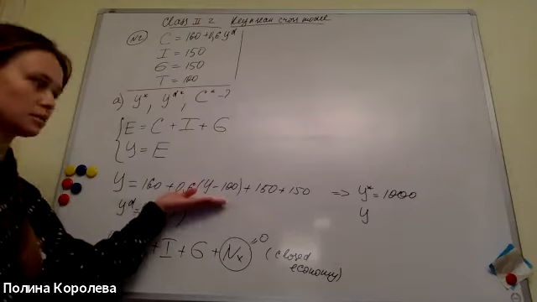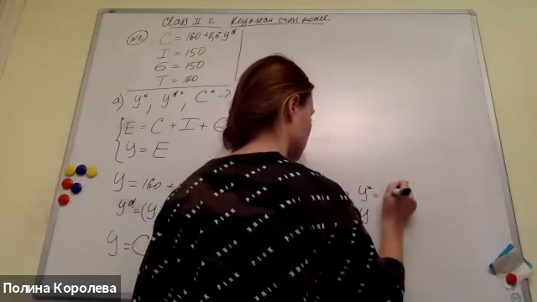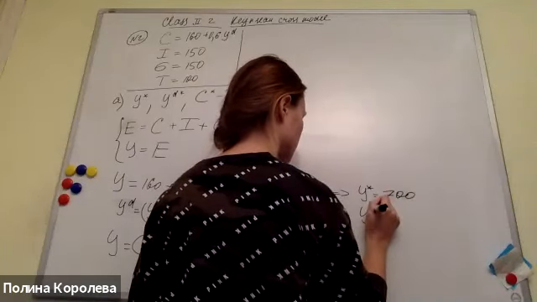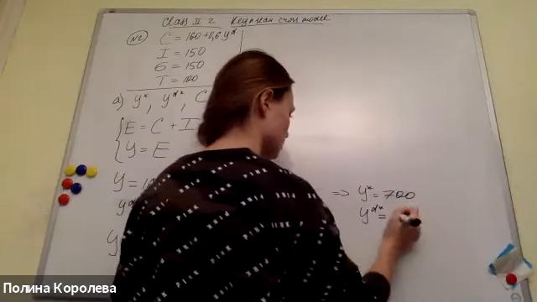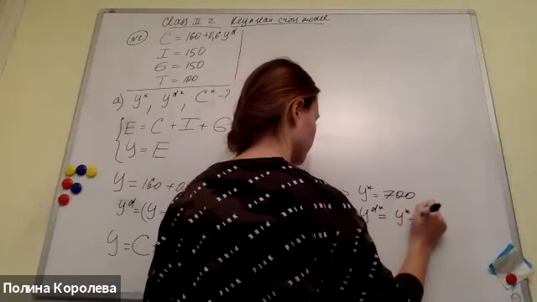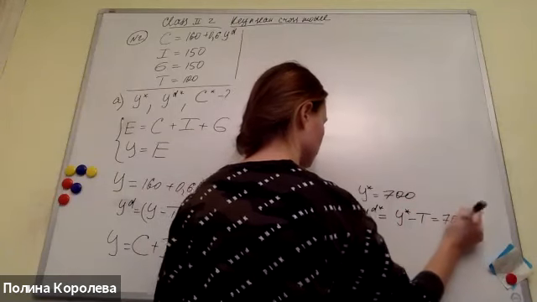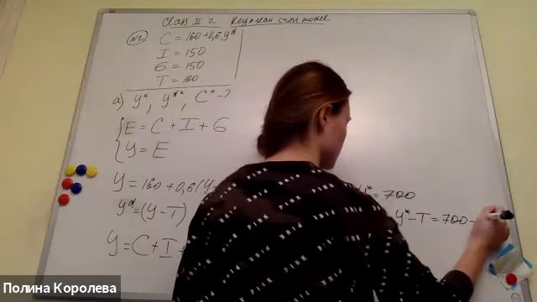Guys, who solved this equation? 700. 700? Yes, I think. Yes, 700. So 700, then disposable income 600, yes?